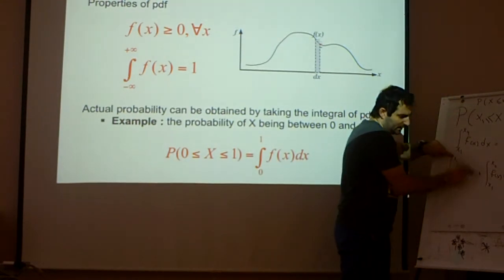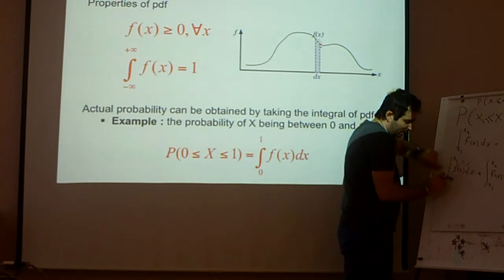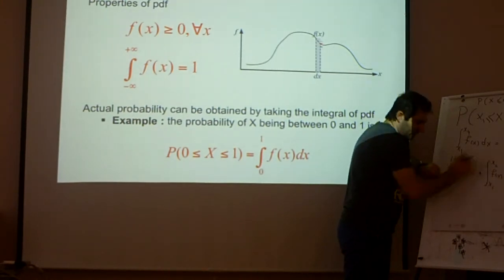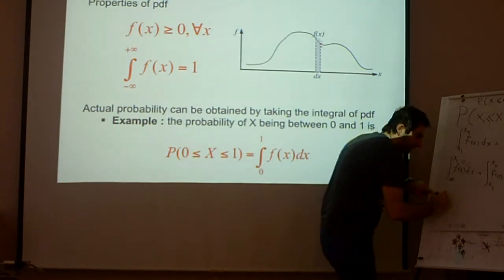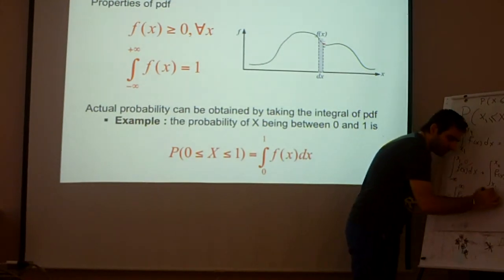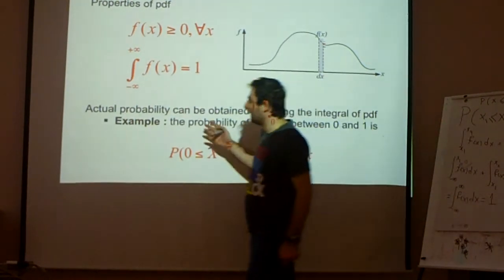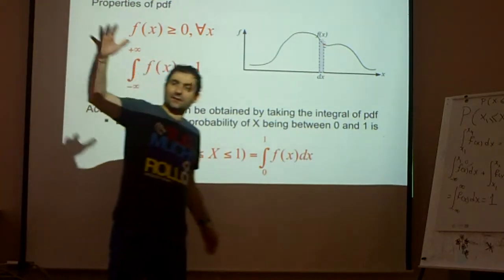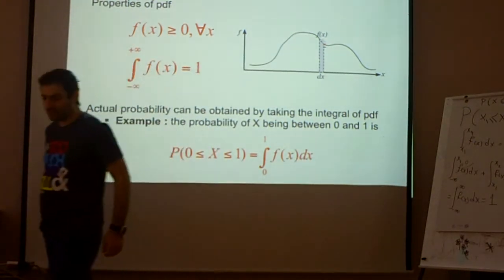Now, these are the same, so I can join them and write minus infinity to x2. The x2's are the same, so I can write it as minus infinity to plus infinity of fx dx, and we know this is the property of a PDF. It is 1, because adding all the probabilities is equal to 1. And in the continuous form, the integral of all the probabilities is equal to 1.